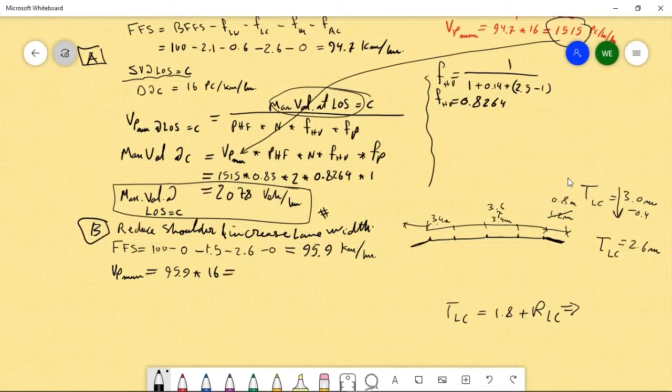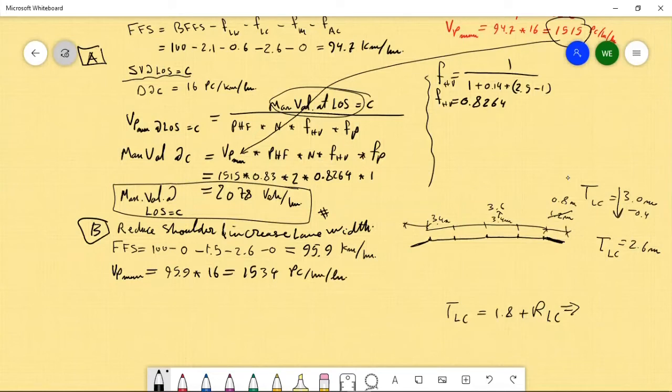So this would equal 1534 passenger cars per hour per lane.